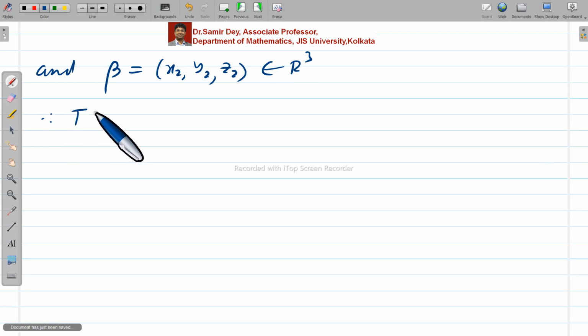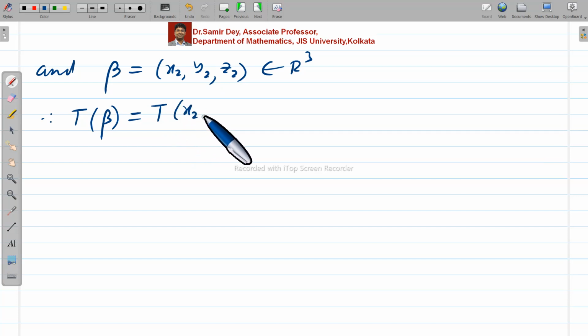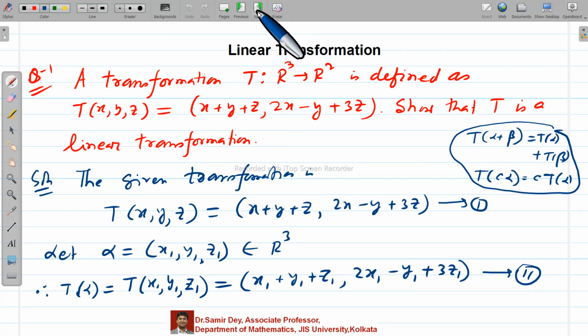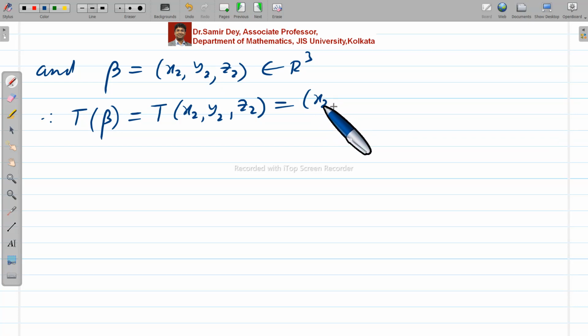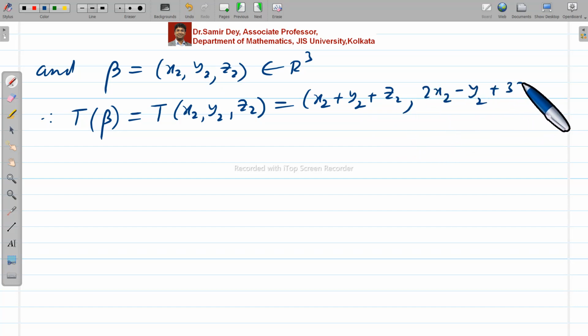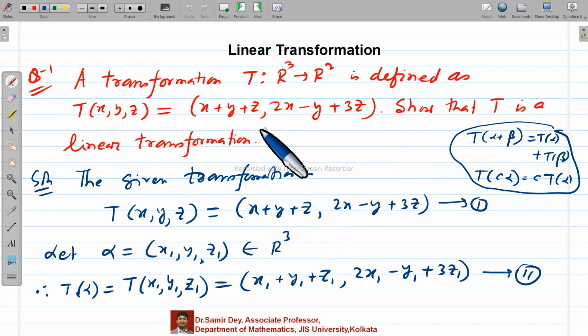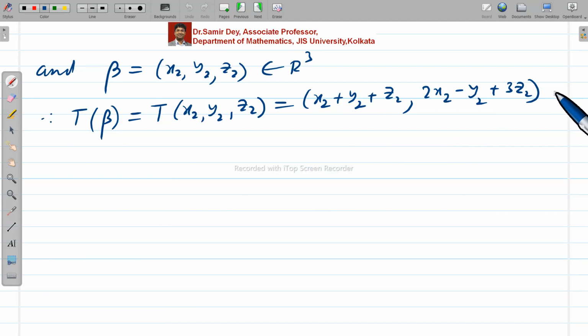Same way, T(β) = T(x2, y2, z2) equals, from the relation you may write, (x2 + y2 + z2, 2x2 − y2 + 3z2). Is it clear? This one. Okay, so this is equation number 3.